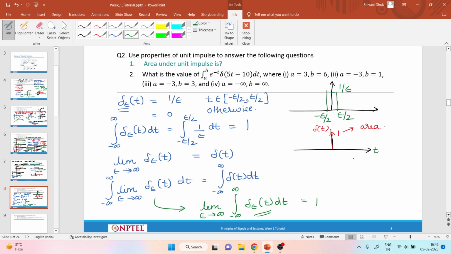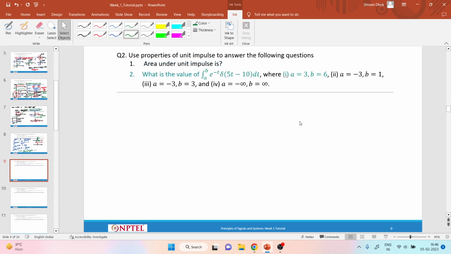This is the most important property of the unit impulse: it shoots up very high near 0, it has an area of 1, its width tends to 0, and its amplitude is very large, undefined. This is one of the defining properties of the unit impulse, because the term unit comes from its area being 1.